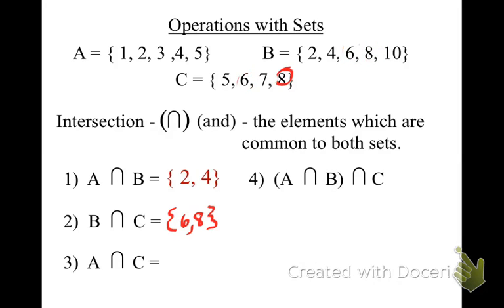Intersection of A and C: the only member in that set is 5.